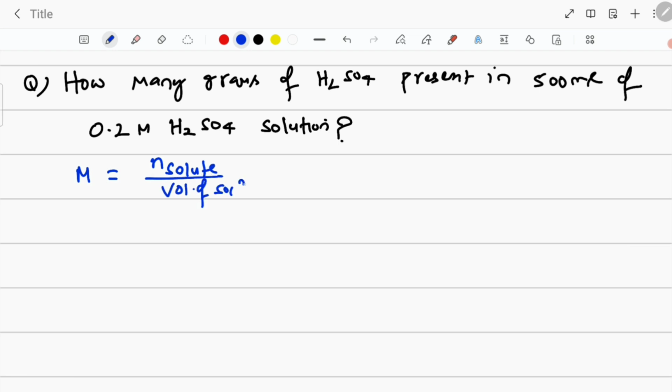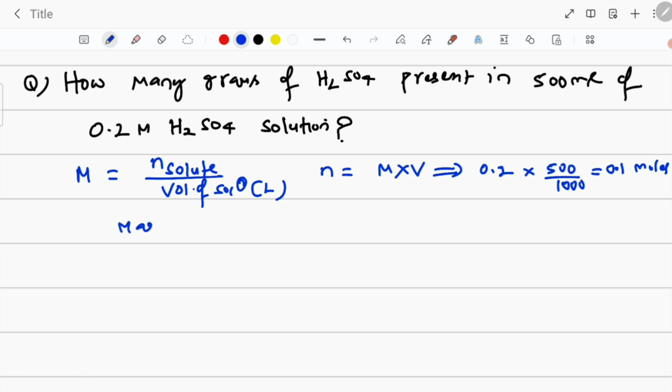Regular formula I am writing here: molarity is equal to number of moles of solute by volume of solution in liters. So if you substitute the relation, number of moles of solute, how to find? First, for finding the amount of H2SO4, we should know the moles. So number of moles is M into V, giving 0.2 into 500 by 1000, that we are converting into liters, which is equal to 0.1 moles.